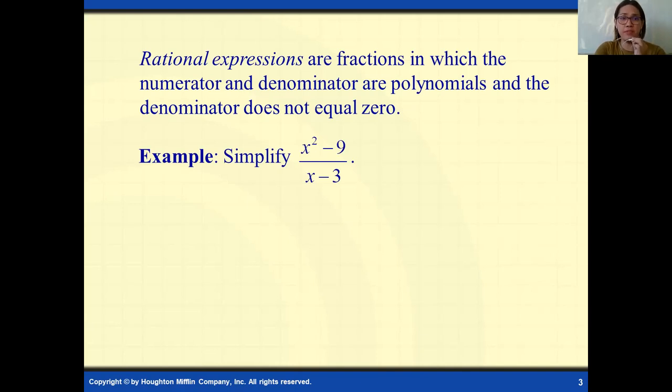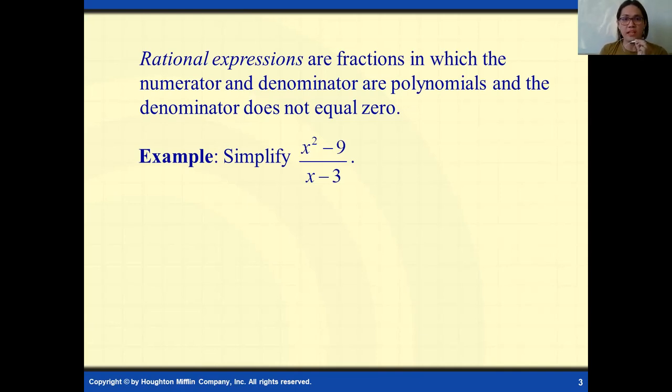How do we simplify rational expressions? It reminds us of how we simplify fractions, because this is just the same. To simplify, the first thing we have to do is write both the numerator and denominator in factored form if we can still factor them. But if not, then leave them in their original form.